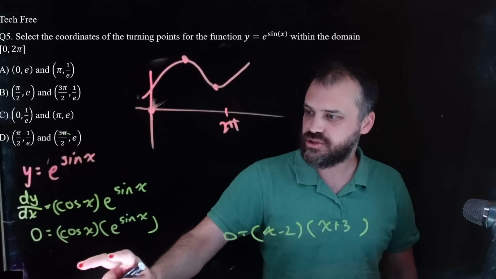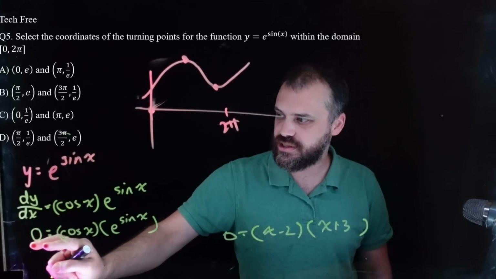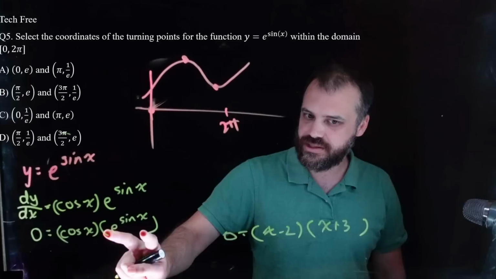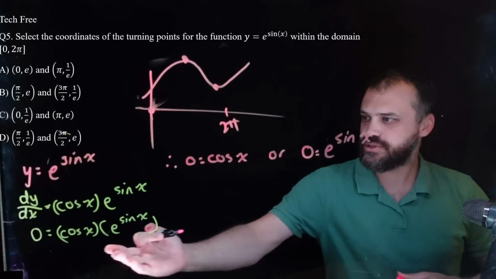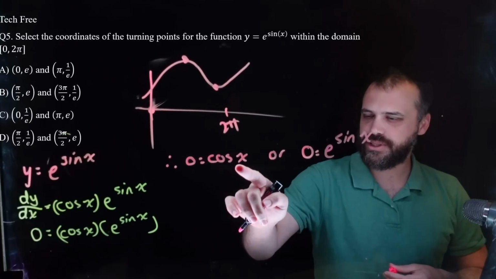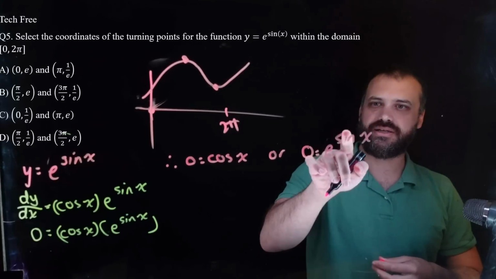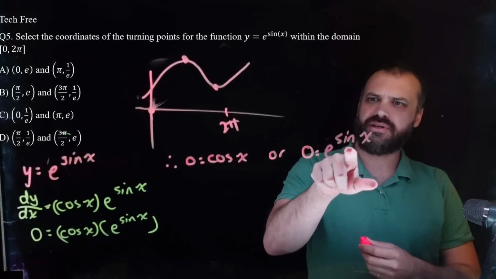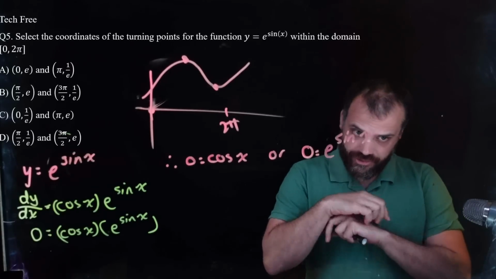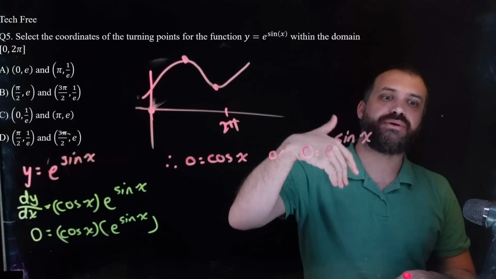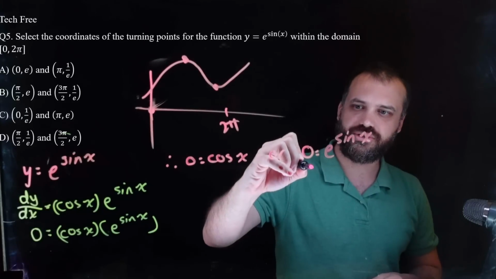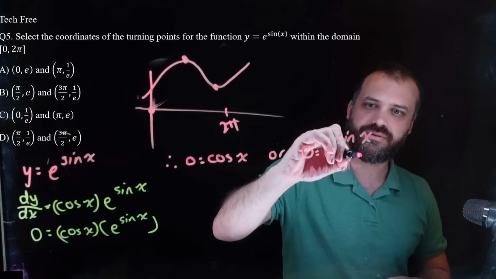If something times something equals 0, then this must equal 0, or this must equal 0. So using the null factor law, 0 equals cos x, or 0 equals e to the sine x. Look at this one. e to the something equals 0. There is literally nothing that something can be raised to the power of to make it equal 0. So no solution there. That's not going to work.